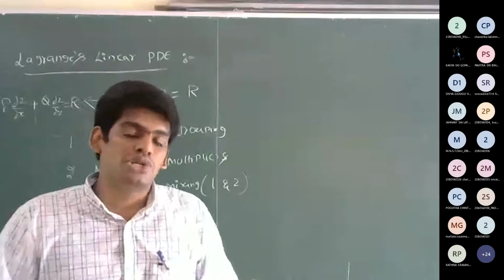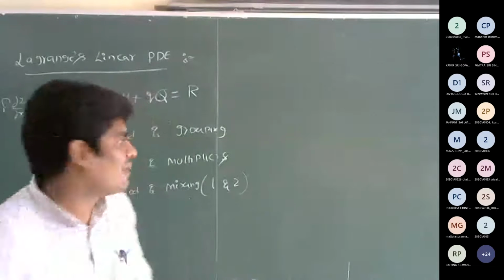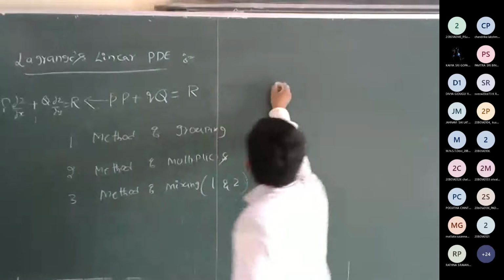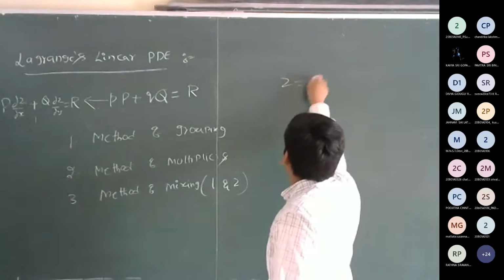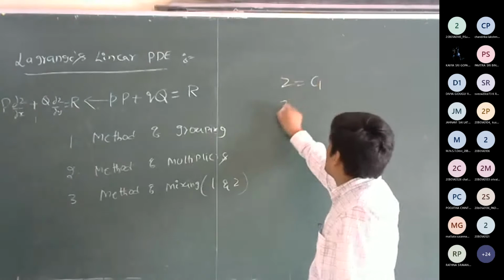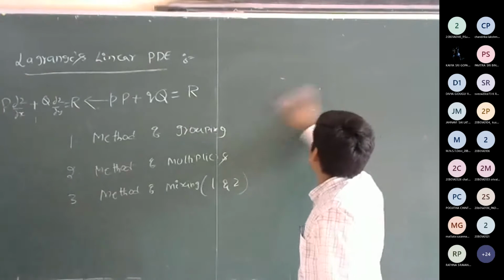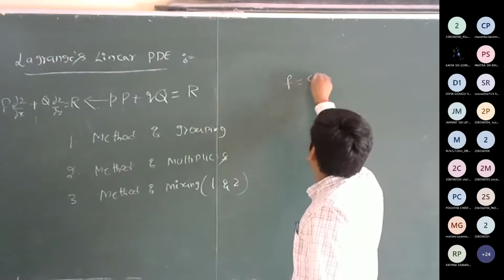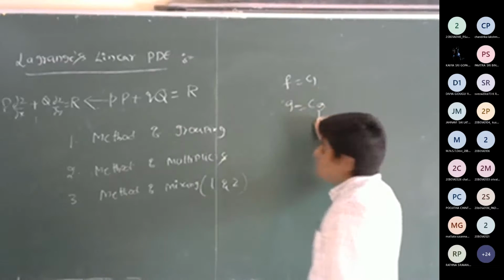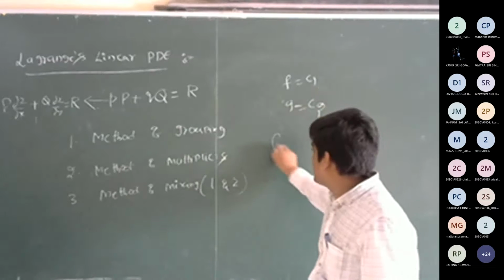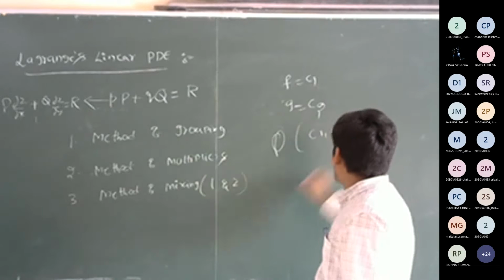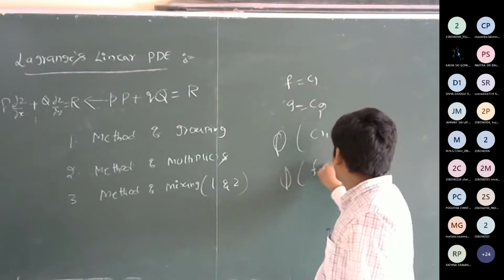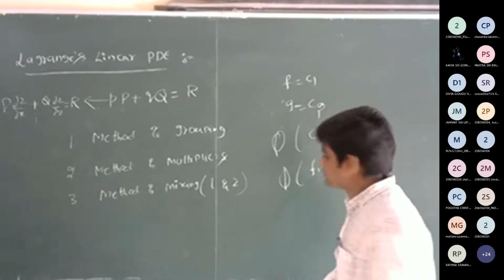That is a very, very important thing. Finally, suppose we get one solution as F is equal to C1, and the next solution is G is equal to C2. So therefore the general solution here is phi of C1 comma C2 is equal to 0, or phi of F comma G is equal to 0.